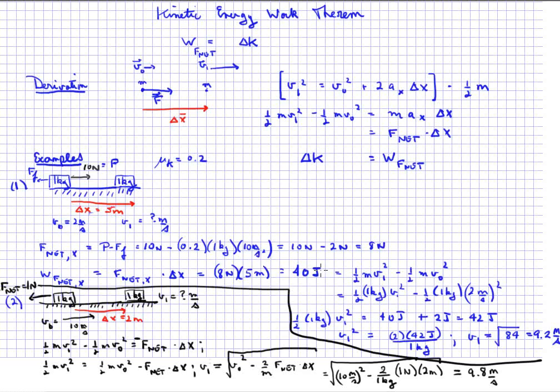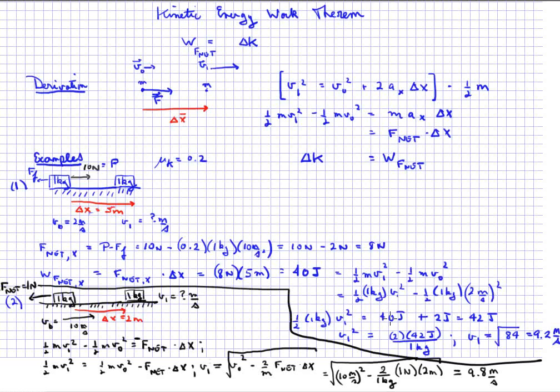On the one hand. On the other hand, by the kinetic energy work theorem, that's equal to the difference in the kinetic energy, 1/2 mv1 squared minus 1/2 mv0 squared. And so you can see that if I know what m is and I know what v0 is, I can solve for v1. So what I proceed to do here is to put values in for everything I know. 1 kilogram for the mass here. I do not yet know what v1 is, or v1 squared, but I do know that v0 is 2 meters per second, and so that allows me, transposing this to the other side, to say that 1/2 times 1 kilogram times v1 squared is equal to 40 joules.